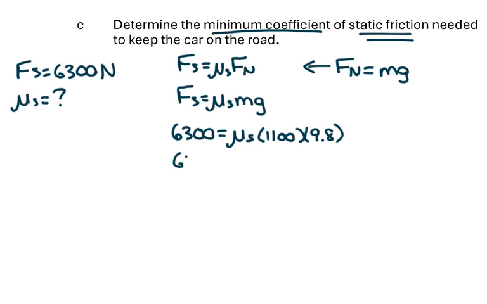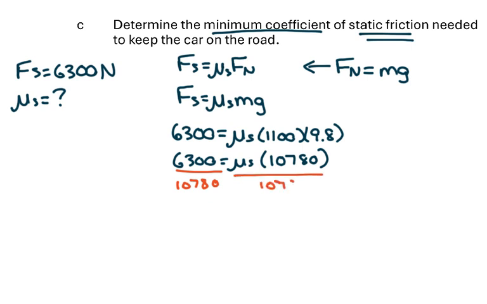All I'm going to do here is take my 1,100, multiply it by 9.8, which gives me 10,780. To get mu by itself, divide both sides by 10,780.